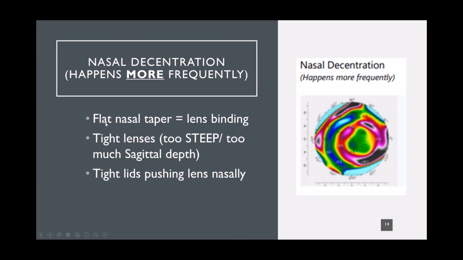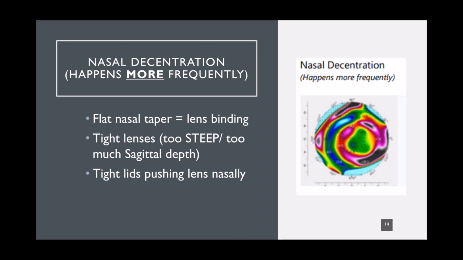And the key is, I think, because it's more of a taper on one side of the cornea, where when this says flat nasal taper here, what that means is that the cornea on the nasal side flattens at a faster rate than it does in the other three quadrants of that cornea, whether superior, inferior, or temporal.